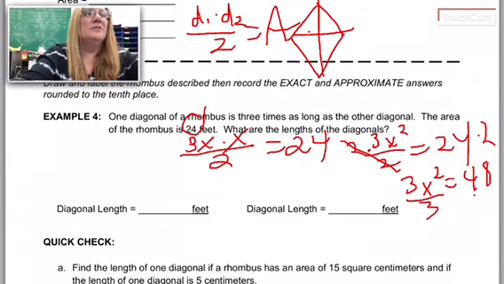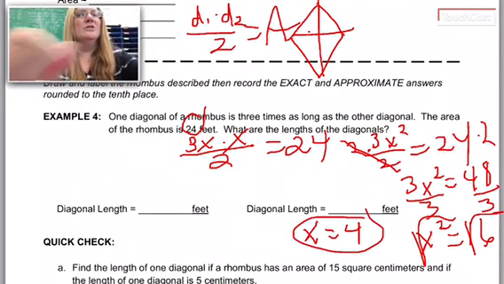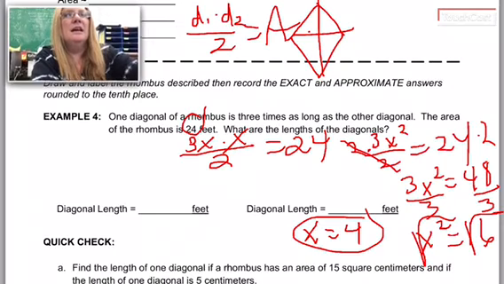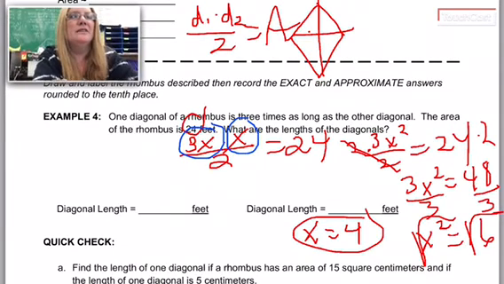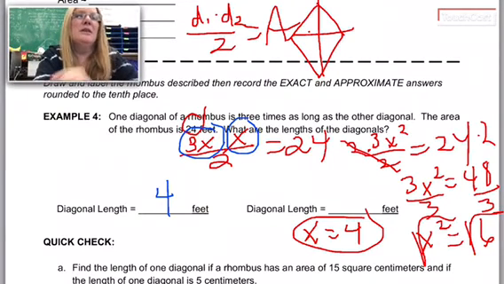We'll divide both sides by 3. We get x squared is equal to 16. So x is equal to the square root of 16, which is 4. So x is 4. And we go back here, and one of our diagonals was x, and the other one was 3x. So one of them is 4, and one of them is 3 times 4, or 12.